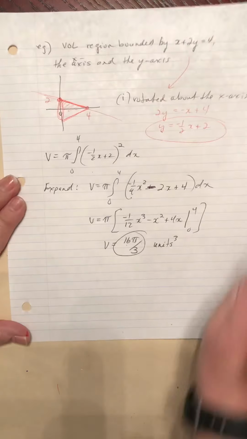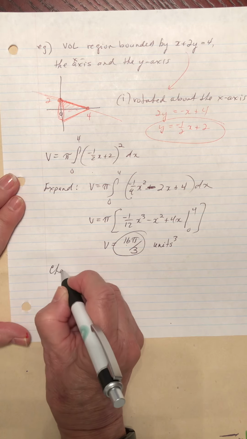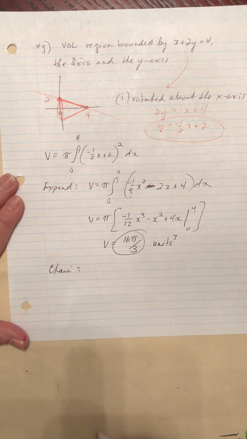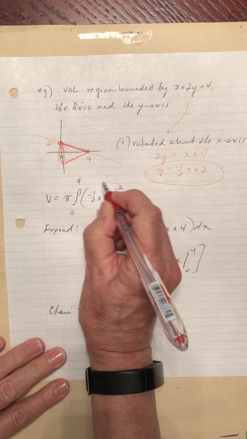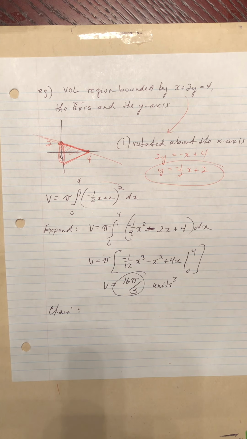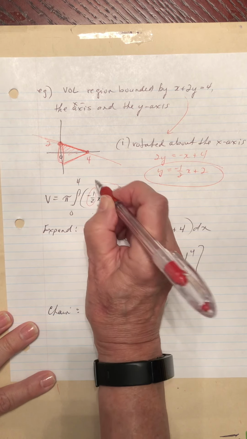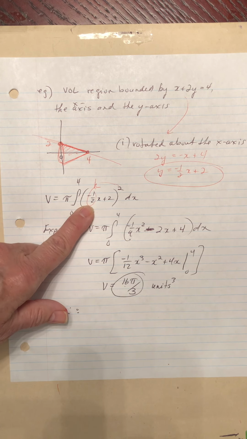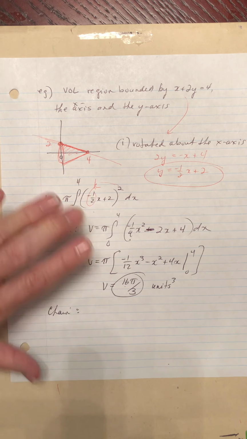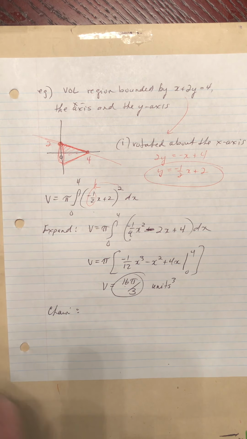If I just kept it as is and instead used the chain rule, there's just something you need to watch for. If you're going to undo the chain rule, you have to recognize that there's a k here that you're going to have to undo. So if you just want to leave this as is and integrate, you can.